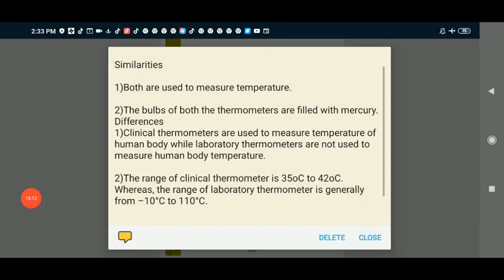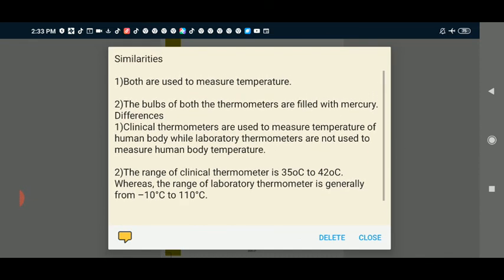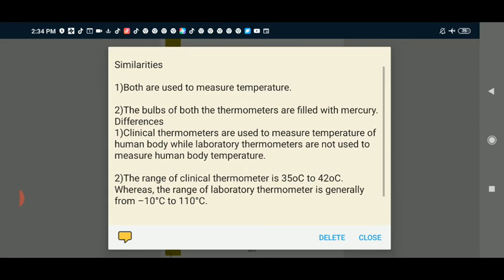Now, as we have learnt about the two thermometers, that is clinical and laboratory thermometers, let us briefly discuss the similarities and differences between the two. The similarity is that both are used to measure temperature and the bulbs of both thermometers are filled with mercury. Now, what is the difference between the two? Clinical thermometers are used to measure temperature of the human body, while laboratory thermometers are not used for the same.